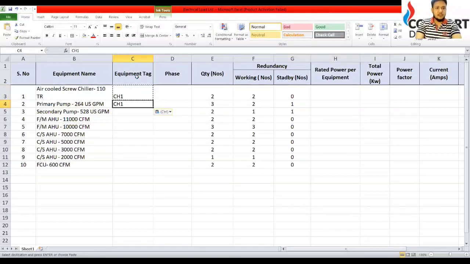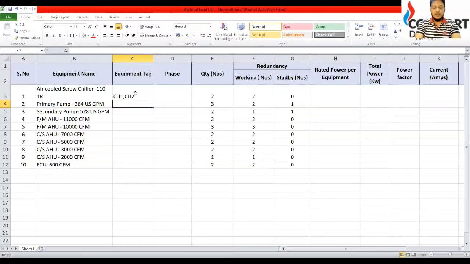This will be your chiller 2, CH2. So both the chillers are there.